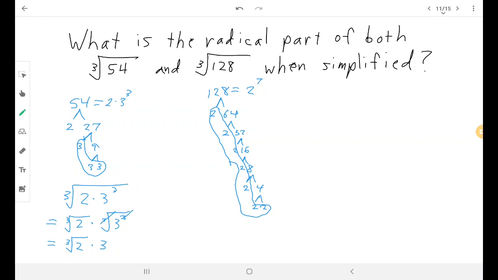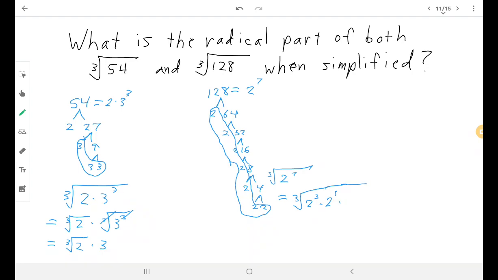Same thing here. You've got the cube root of 2 to the 7th. What if I called that the cube root of, and I started taking out as many cubes as I could. So 2 cubed and another 2 cubed.